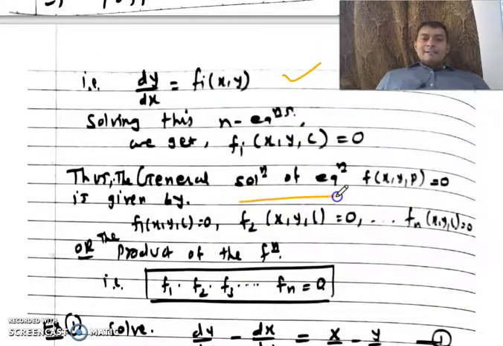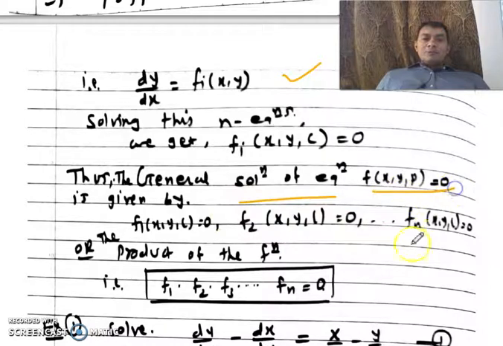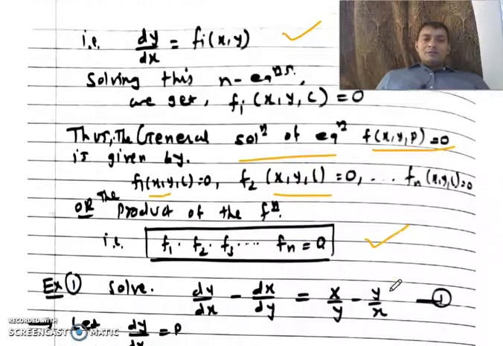Thus the general solution of f(x, y, p) equal to 0 is given by F1(x, y, c) equal to 0, F2(x, y, c) equal to 0 and last Fn(x, y, c) equal to 0. The product of these functions is going to be the solution of the given differential equation.